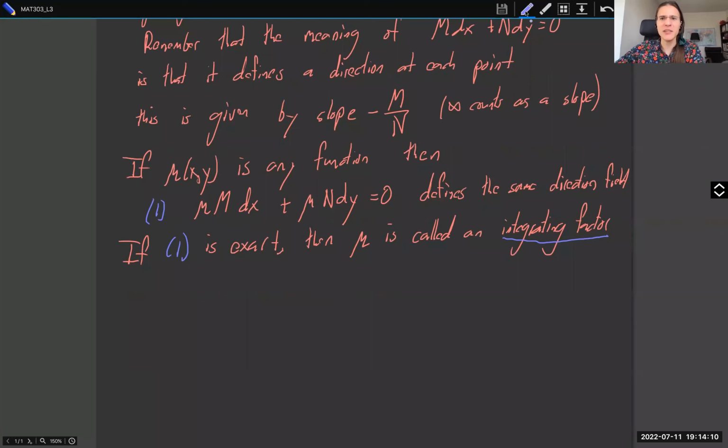So the theorem is that integrating factors always exist, assuming some niceness. Or rather, to make this very precise: if M dx plus N dy equals 0 has a solution, then it has an integrating factor.